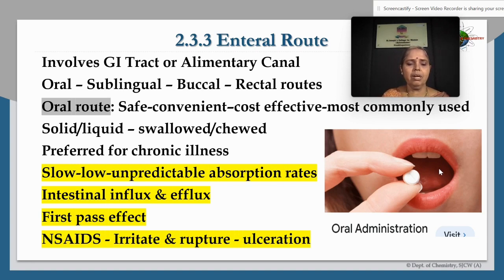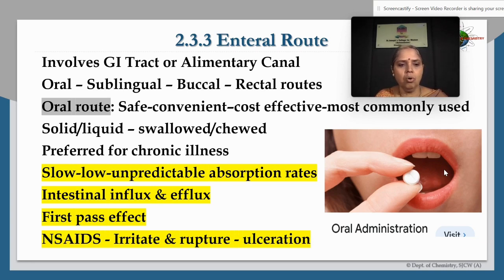Now we know very well the oral route is safe, convenient and cost effective. You need to bear the cost of the medicine only, no other cost is involved, and it is most commonly used right from our childhood. If you are sick and you know that you have a headache, if I take this medicine my headache will go, then obviously we'll choose one pill, some ibuprofen or some aspirin, and simply swallow it.